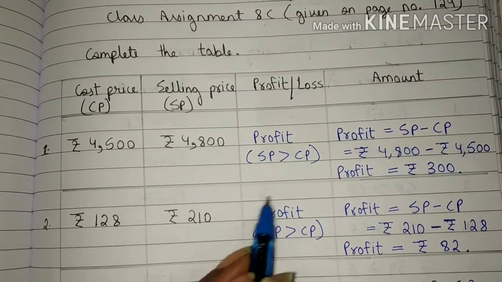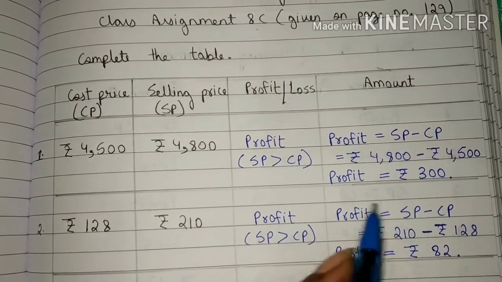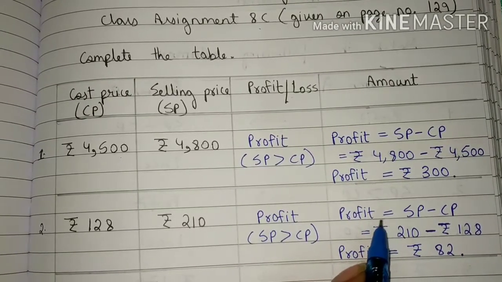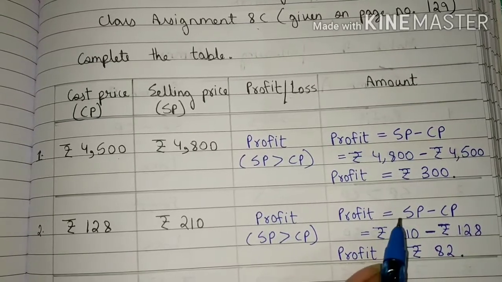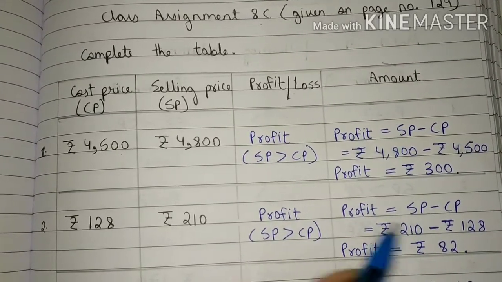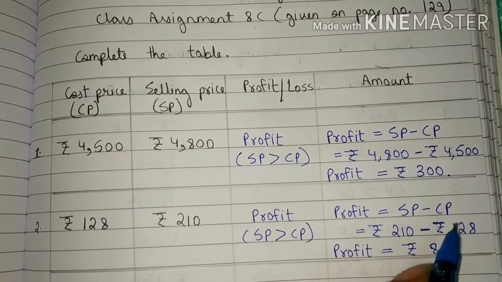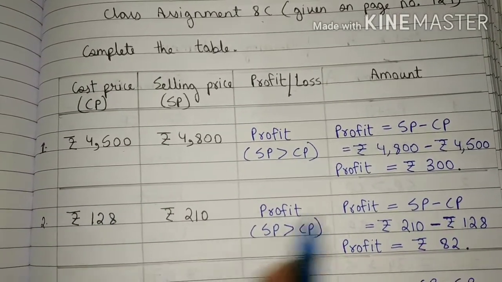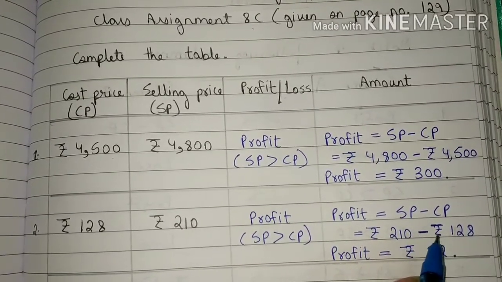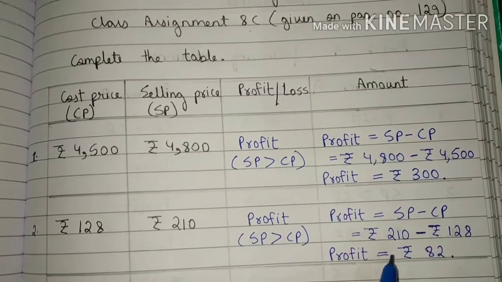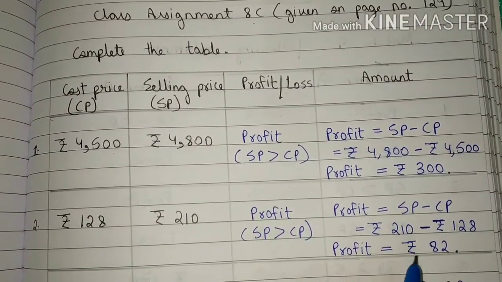So here you will write profit. And here you will calculate profit amount. Profit is equal to selling price minus cost price. Selling price is rupees 210. Cost price is rupees 128. So, rupees 210 minus rupees 128 is rupees 82. So, profit is rupees 82.